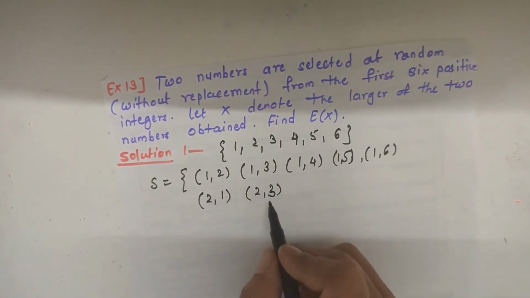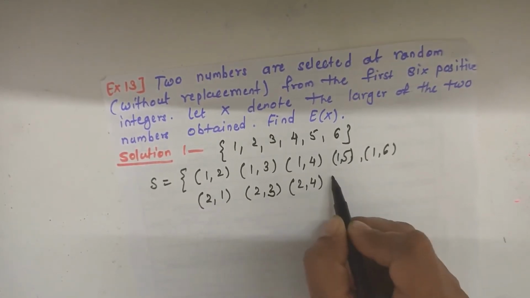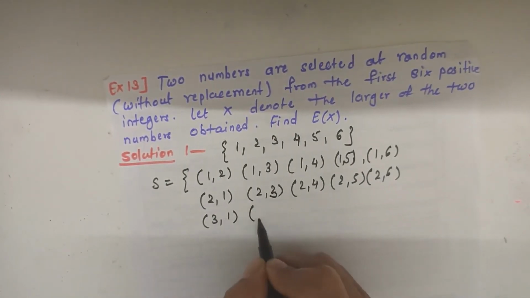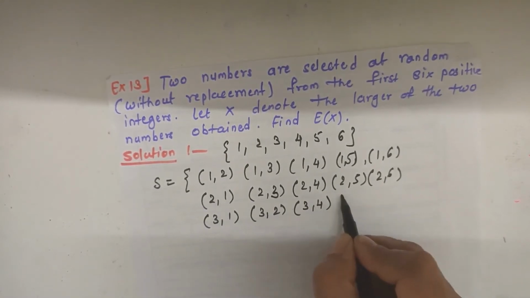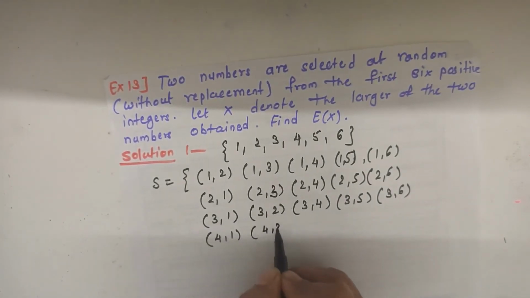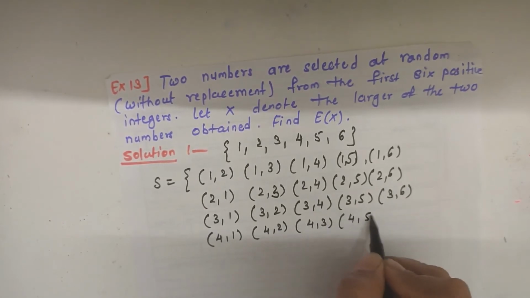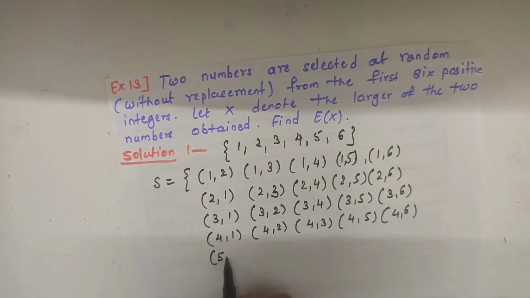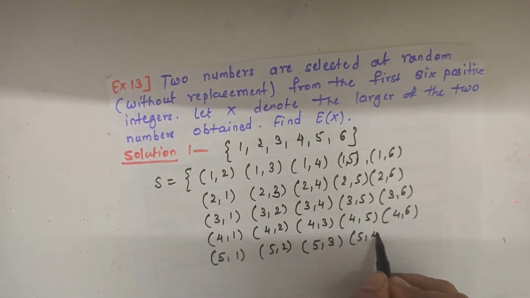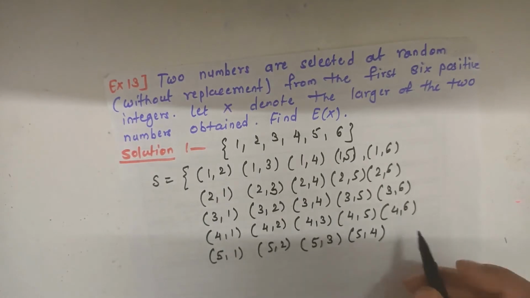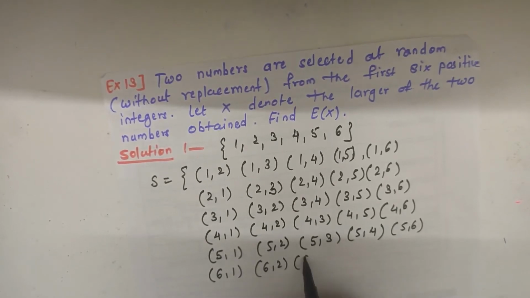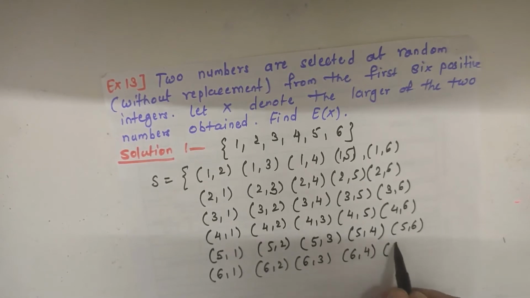The next ordered pairs are (2,3), (2,4), (2,5) and (2,6). Next (3,1), (3,2), (3,4), (3,5) and (3,6). Next (4,1), (4,2), (4,3), (4,5) and (4,6). Next (5,1), (5,2), (5,3), (5,4) and (5,6). Next (6,1), (6,2), (6,3), (6,4) and (6,5).